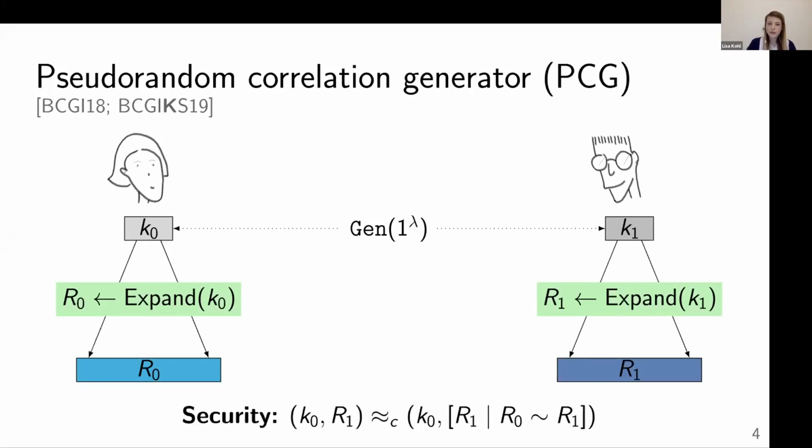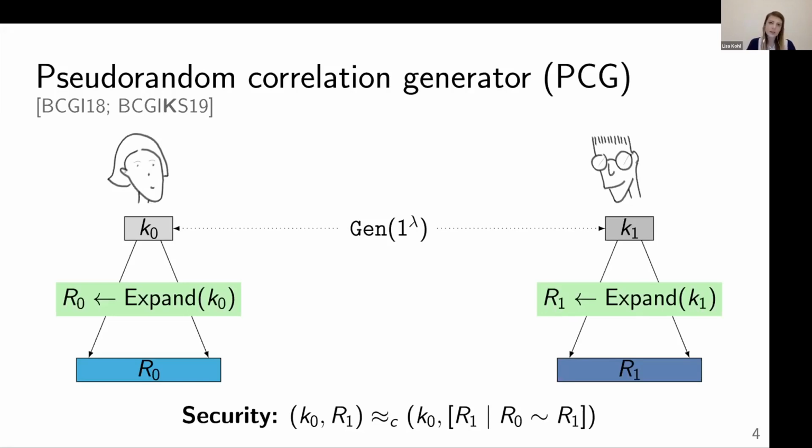So the definition settles for the next best thing, which is an indistinguishability-based security notion. So the requirement is that a party, given just its short seed, cannot learn anything more about the other party's output than it can trivially just by knowing that the two are correlated.